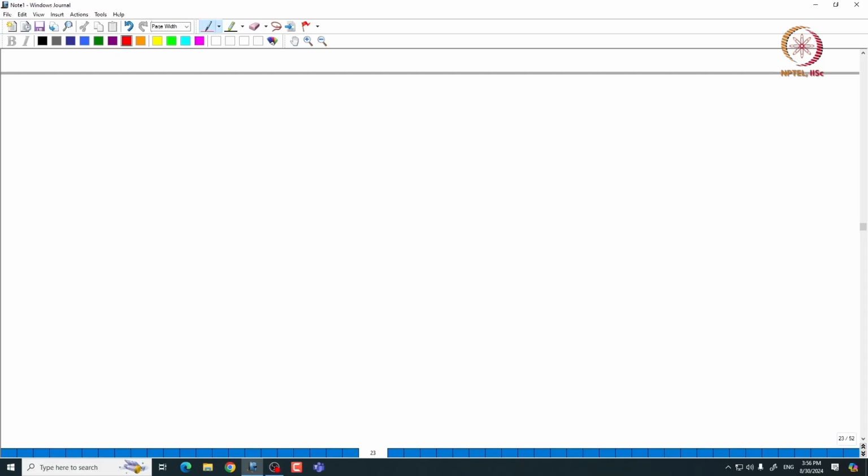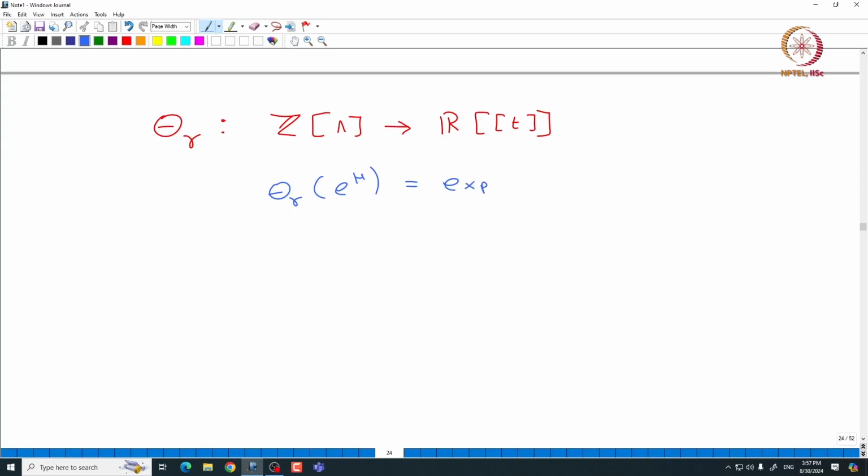For that purpose, first we need to define these maps called theta of gamma. The theta of gamma is defined from our group ring to the formal power series over the reals. It is given by theta of gamma applied to e power mu mapping to the exponential of mu comma gamma times t. So, you basically take the usual exponential of mu comma gamma times t.